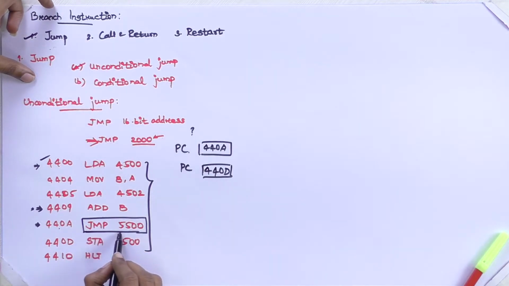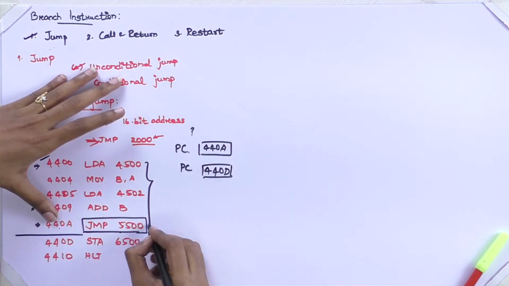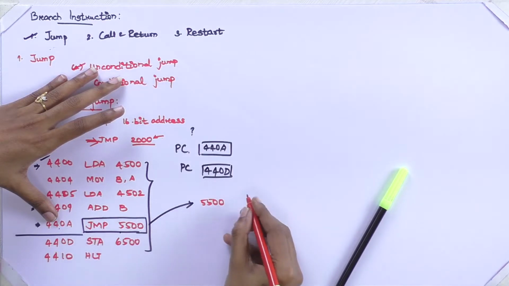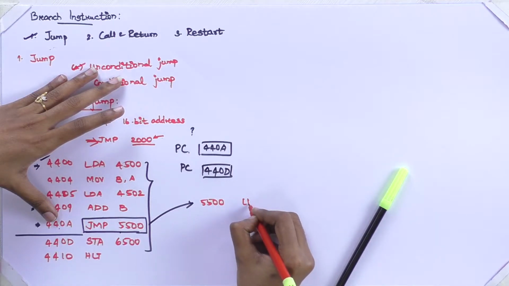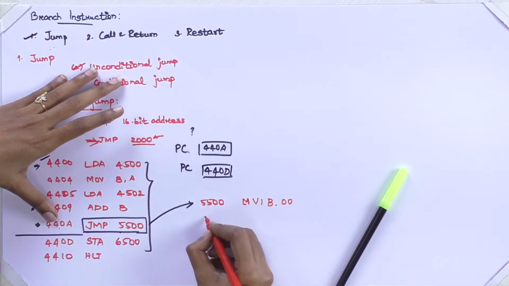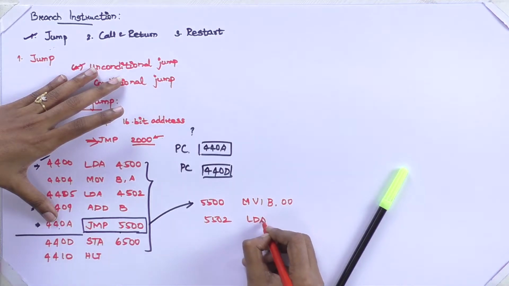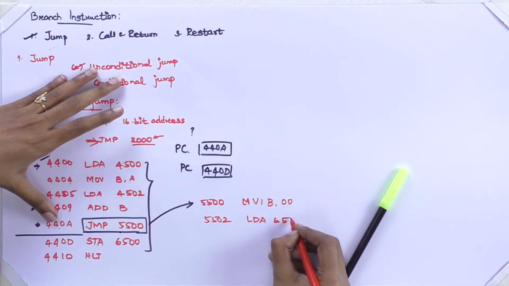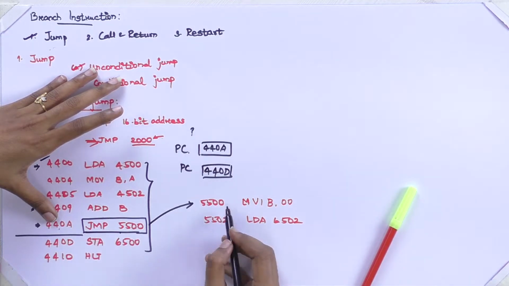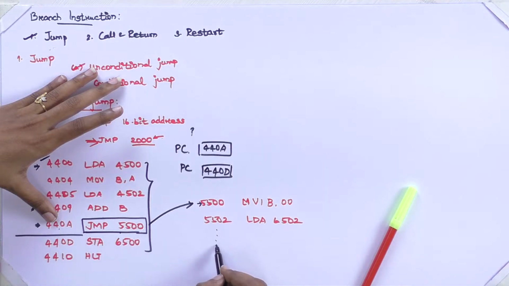Once your processor sees this instruction, it will leave the execution here itself and jump to the address 5500, and it will execute whatever instructions we have there. Suppose we have instructions like this, it will start to execute the instructions from this address till the end.